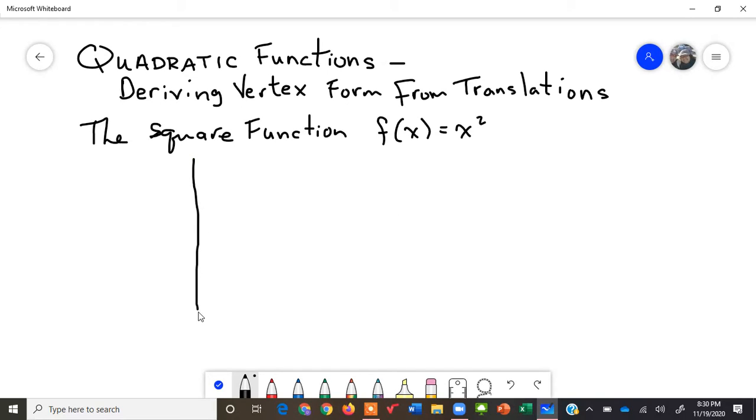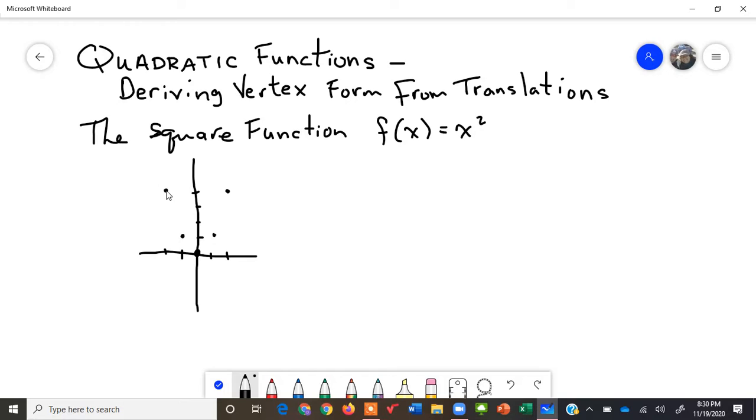First of all, the square function is one that takes any input and squares it to get the output. So for example, 0 squared is 0. 1 squared is 1. Negative 1 squared is also 1. 2 squared is 4, and negative 2 squared is also 4.